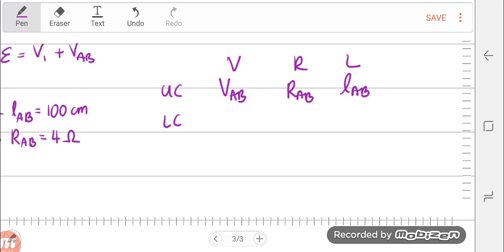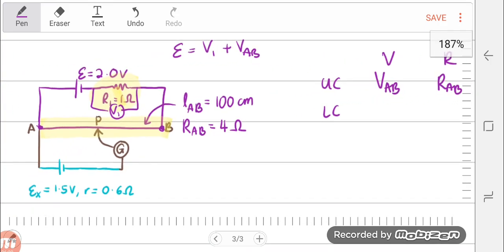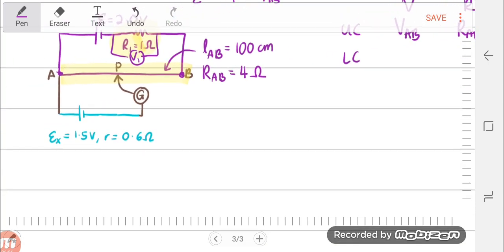You can see the difference between the circuit in question A and this circuit in question B, and how it affects our VAB value. For the lower circuit, nothing is different. It is an incomplete circuit, so we leave it like that.